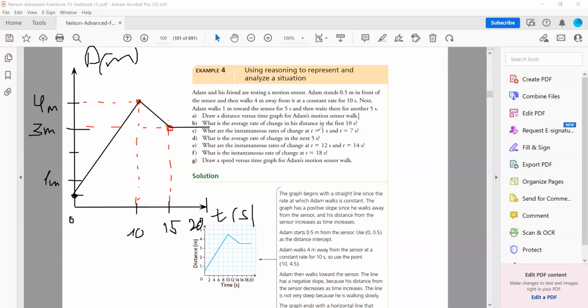What is the average rate of change in his distance in the first 10 seconds? So to evaluate it, I would have to take the starting point and the end point, and write down the average rate of change formula, where delta distance over delta t equals, from the end we subtract the beginning. So we would have 4 meters, subtract 0.5 meters, divided by a difference in time, it's going to be 10 seconds.